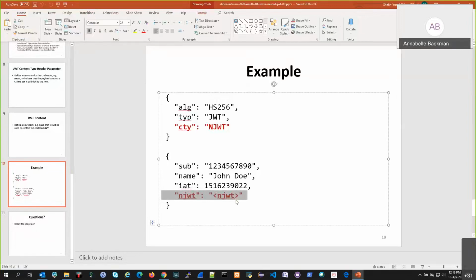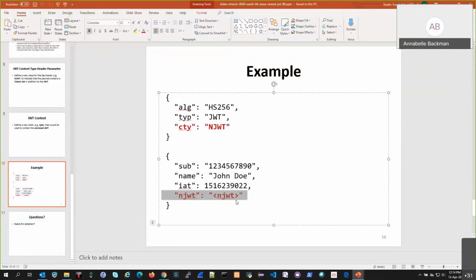So I want to step back and understand the specific problem that we're really trying to solve. If there's a need to formalize some semantics or syntax around how you should embed a JOT as the value of a claim, then maybe that's something we could talk about. Maybe there's room for a standard or a BCP there.